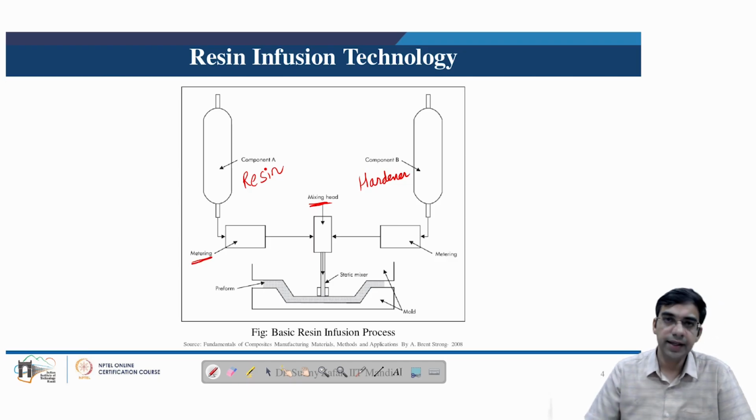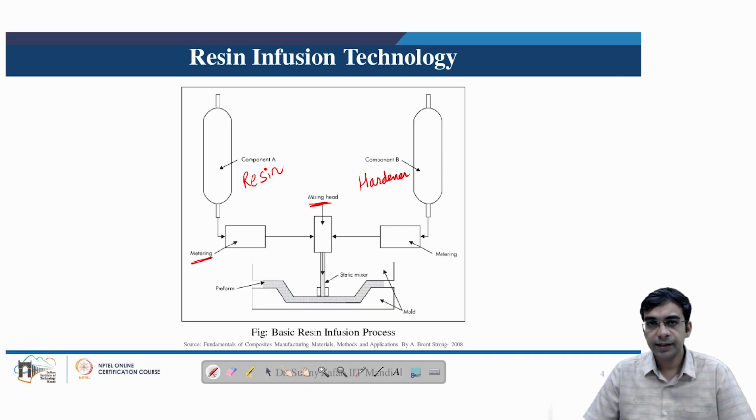The metering device ensures that only the required quantity of resin and hardener is pumped into the mixing head. Inside the mixing head, both the resin and hardener are mixed properly, and the reaction of crosslinking can be initiated.